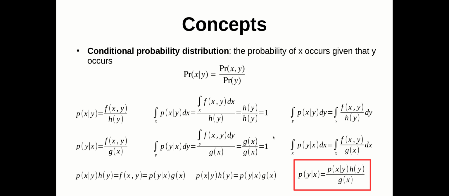And the next very important concept is the conditional probability distribution, which is actually the probability of x occurs given that y occurs. The difference between conditional probability and the joint probability is kind of subtle.